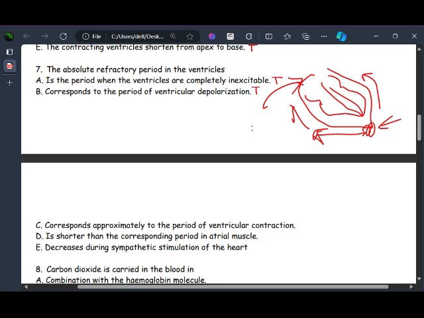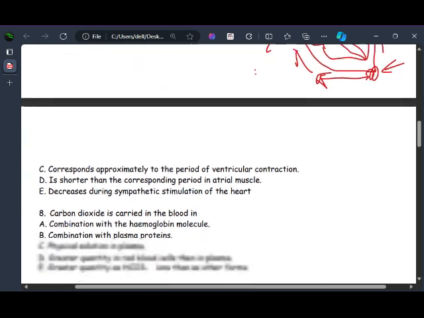If you have depolarized the ventricles, then you cannot excite them again. If you have depolarized a muscle, a nerve, whatever, you are not able to excite it again because it has just been depolarized. So that's what we are saying corresponds to the period of ventricular depolarization. If the muscles are depolarized, you cannot excite them again.